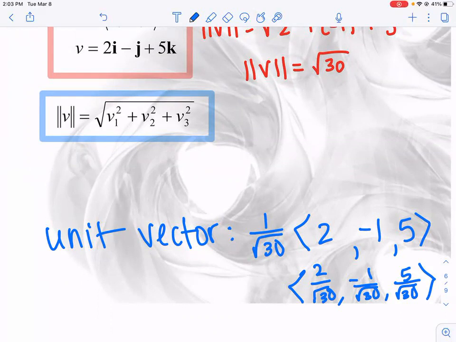Let's remember, how do we tell if two vectors are going in the same or opposite directions? Okay, I need a little bit more. The numbers matter also.